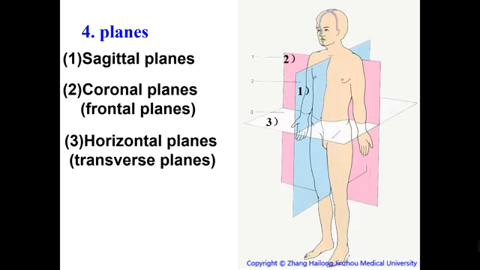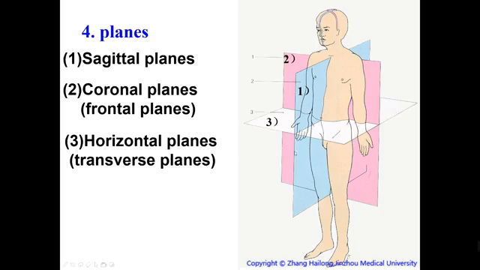According to the three axes, we can name three planes. What are the three planes? First, the sagittal plane. Second, the coronal plane. Third, the horizontal plane. Now first let's see the sagittal plane.